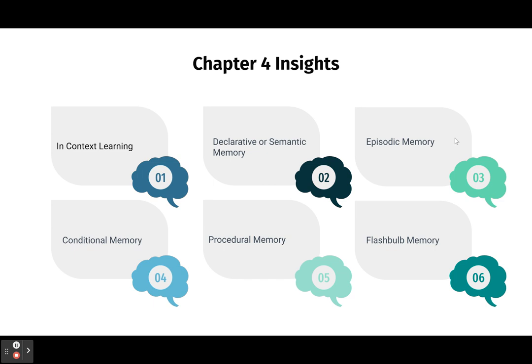They are procedures, like steps that we learn over time. And then we do have flashbulb memory as well, a vivid recall of emotionally charged events, just like we all will probably remember exactly where we were and what we were doing at the time that we found out about 9/11. That would be flashbulb memory.